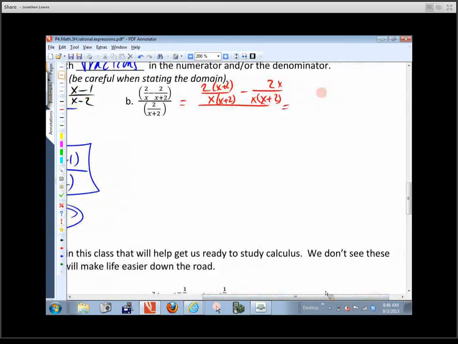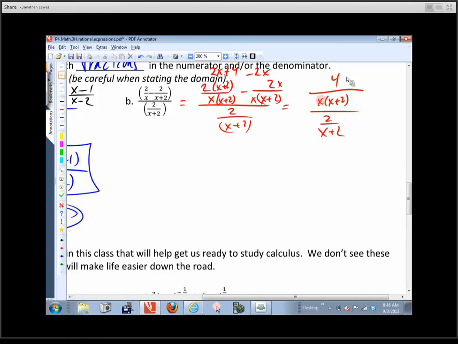So that's going to give me x plus 2. This is going to give me 2x. I'm going to do the work over here. 2x plus 4 minus 2x. Well, this is cool. What's the numerator here? Just a 4. Now let's do this denominator. Well, gosh, there really wasn't any work to do, right? So this is kind of cool.